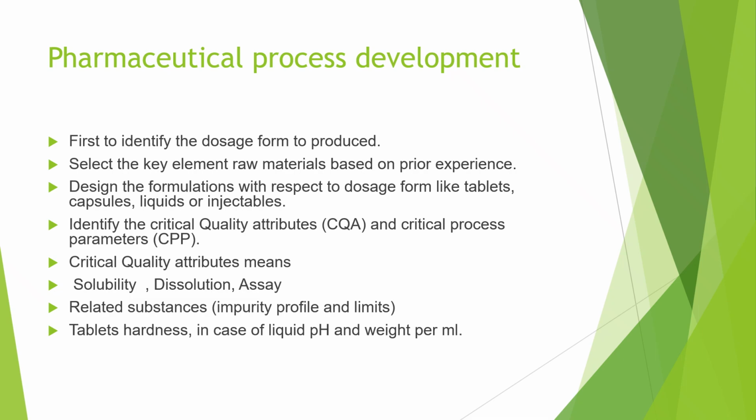Critical quality attributes means the critical parts of the product, like solubility, dissolution, assay, means all the parameters relevant to the product, and related substances, that is impurity profiles, all relevant to the product profile. Tablet hardness, in case of liquid pH, weight per ml, all come into the quality attributes.